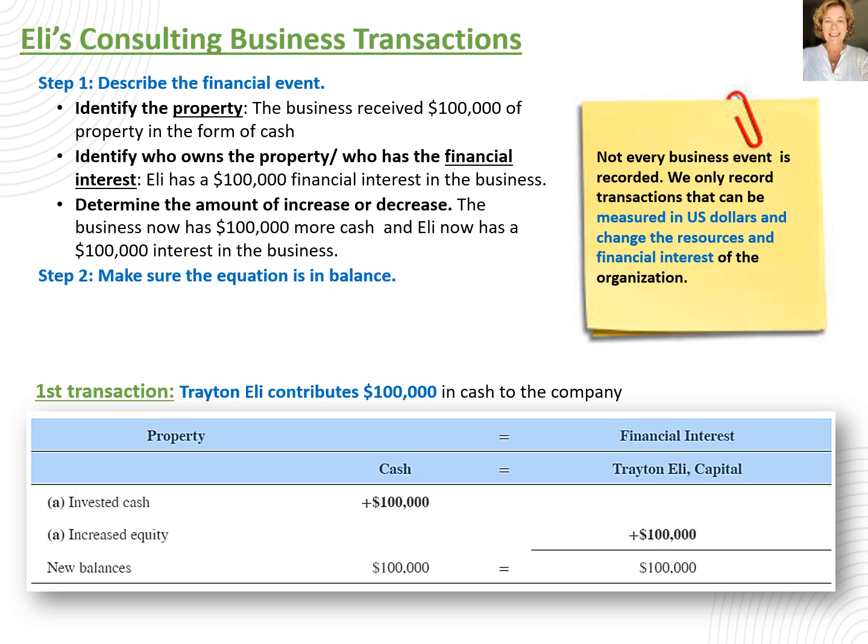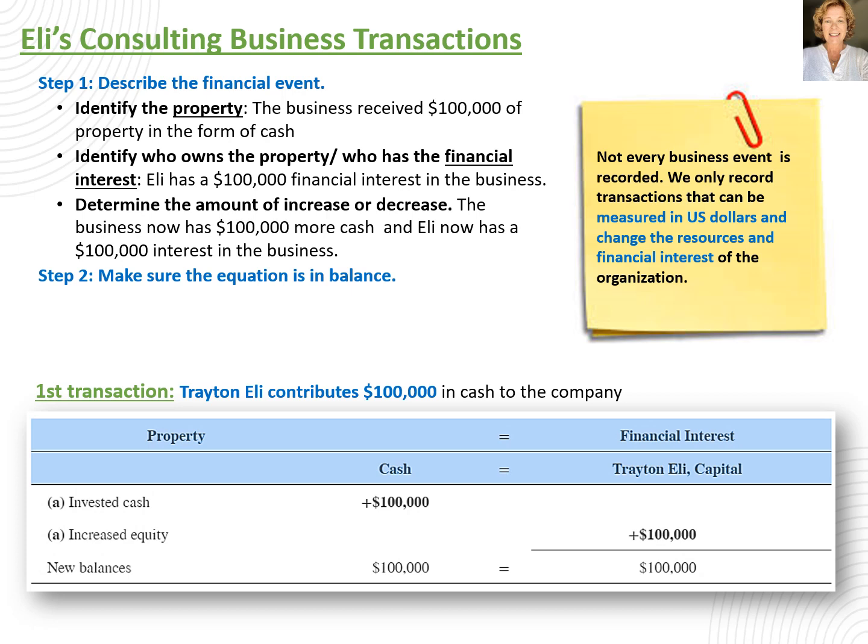Next, we determine the amount of increase or decrease. The business now has $100,000 more cash, and Eli now has $100,000 more interest in the business. That means that property increased and the financial interest and obligations increased as well.